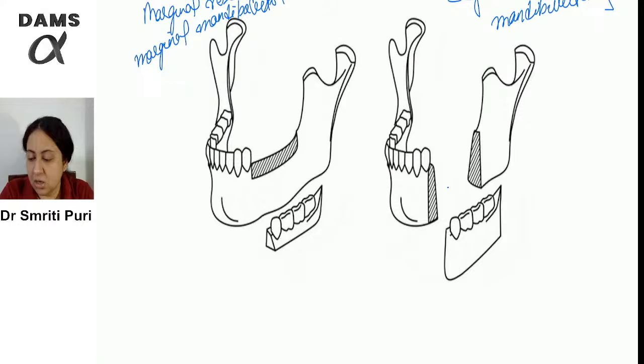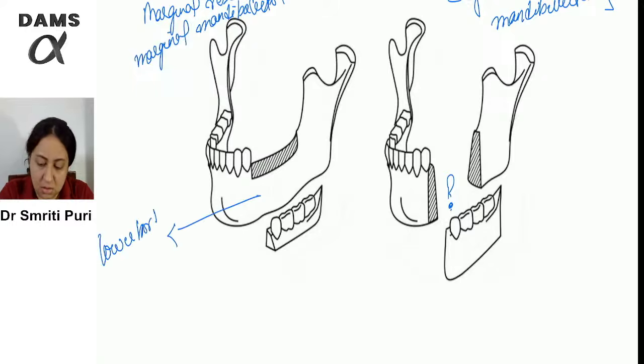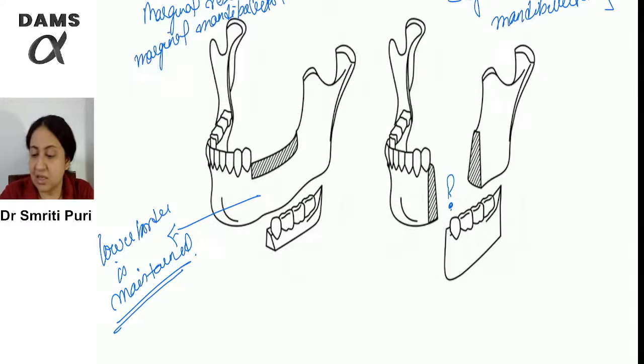Here the lower border is lost. Here the lower border is maintained. And to make sure that adequate strength is left behind, this should be at least 1 to 1.5 centimeter. All right. So you should have sufficient remaining mandibular height so that there are no pathological fractures.